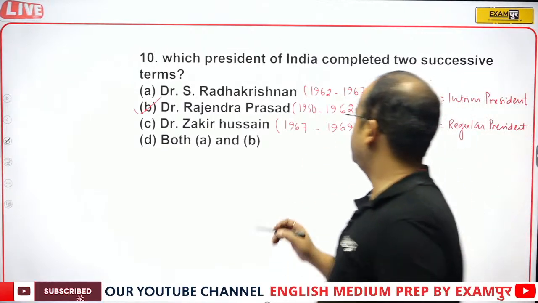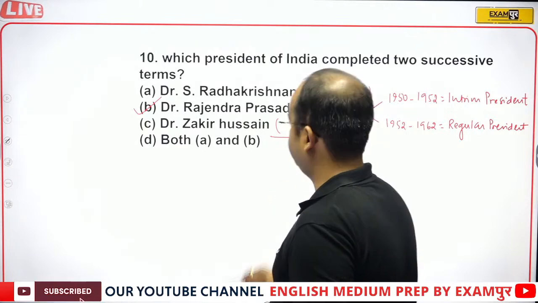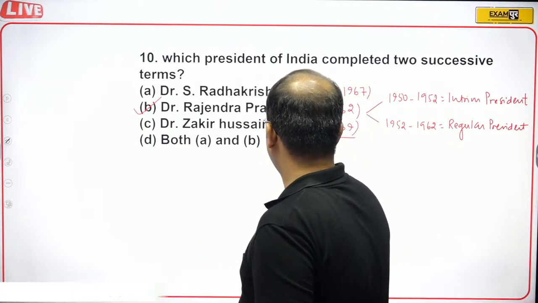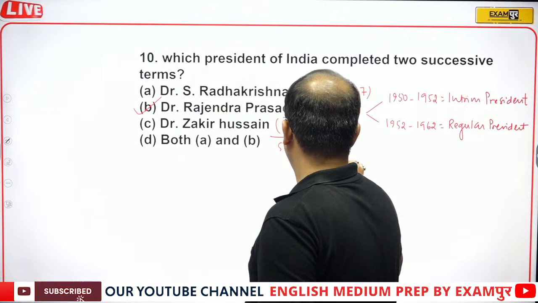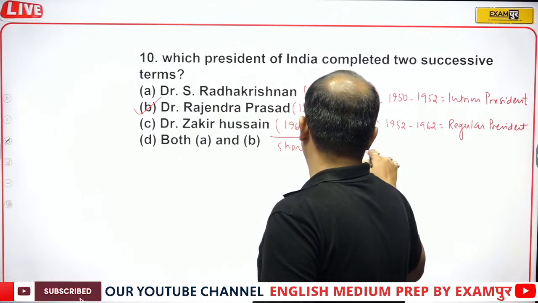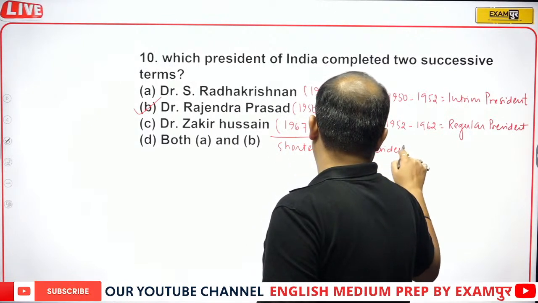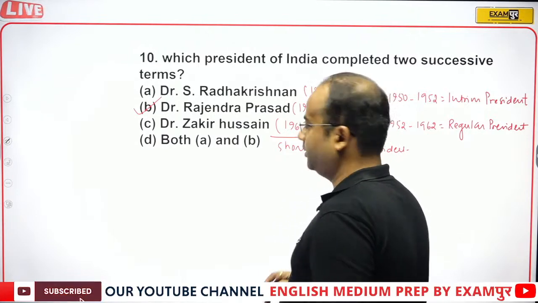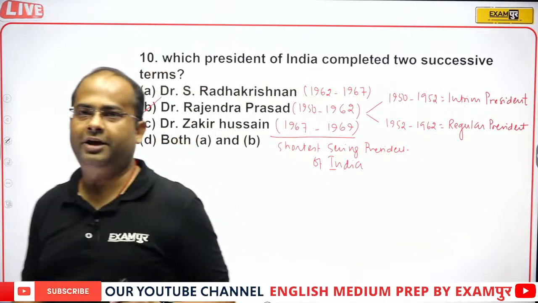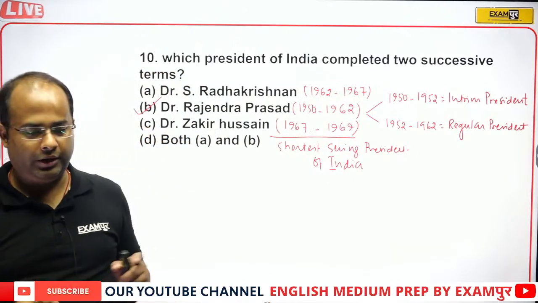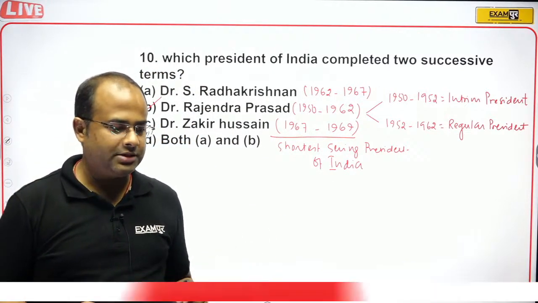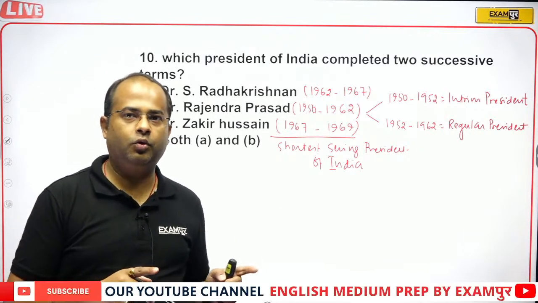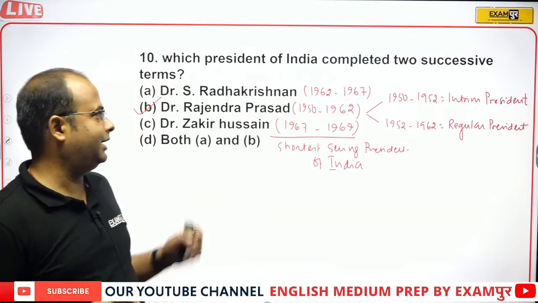So he is the shortest serving president of India because he died during his term. Almost 10 days were left to complete the term of 2 years. At this point of time, he died.